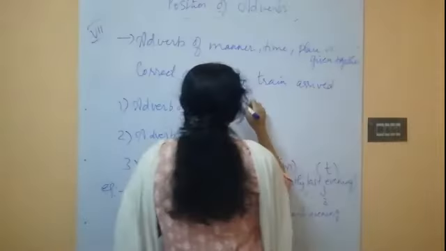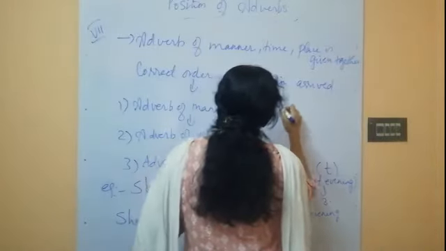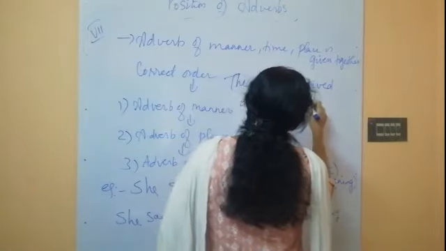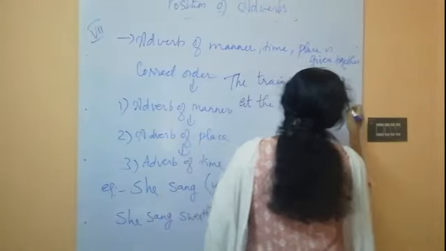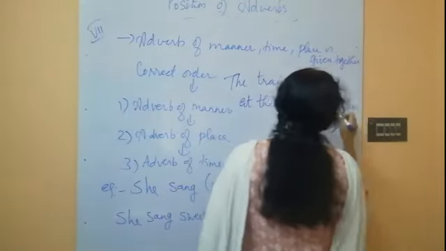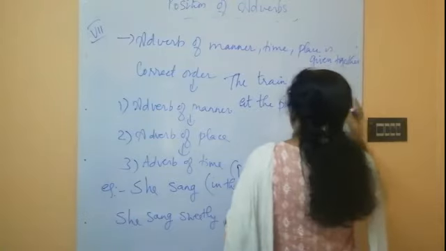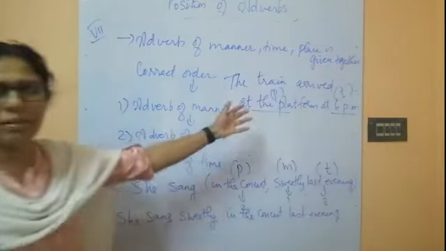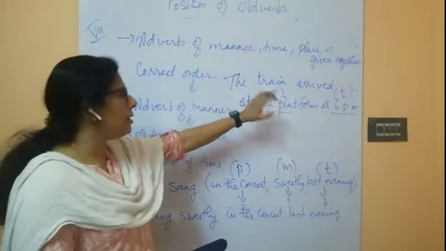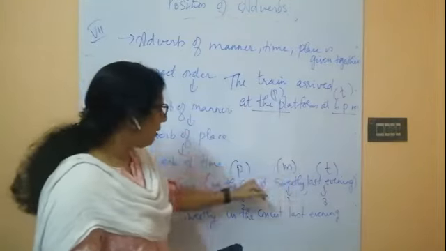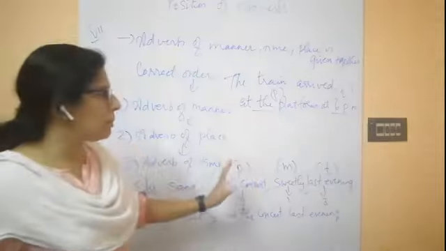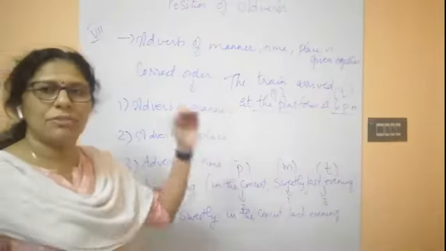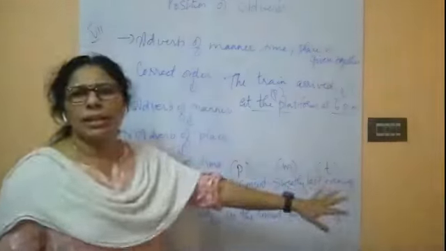Okay, so the train arrived at the platform at 6 p.m. Okay, so 6 p.m. is time and at the platform is place. So as manner is not there, we need not insert manner, but place and time in this order. Okay, first comes place, then comes time. If manner is there, first manner comes, then place comes, then time comes.